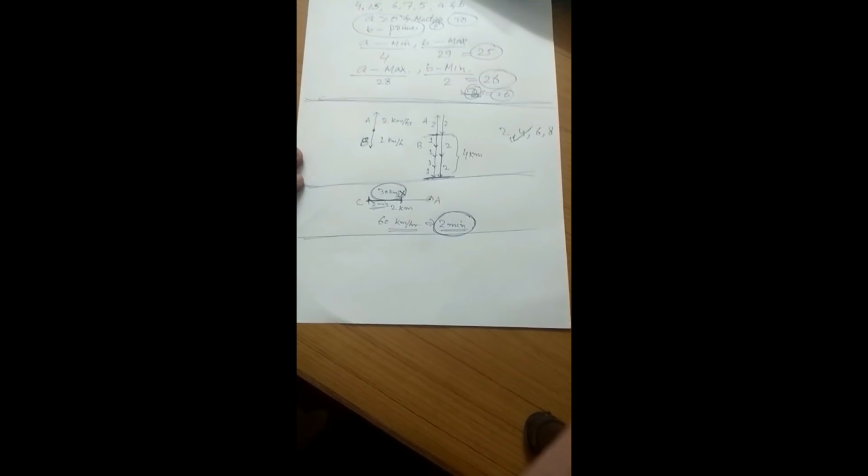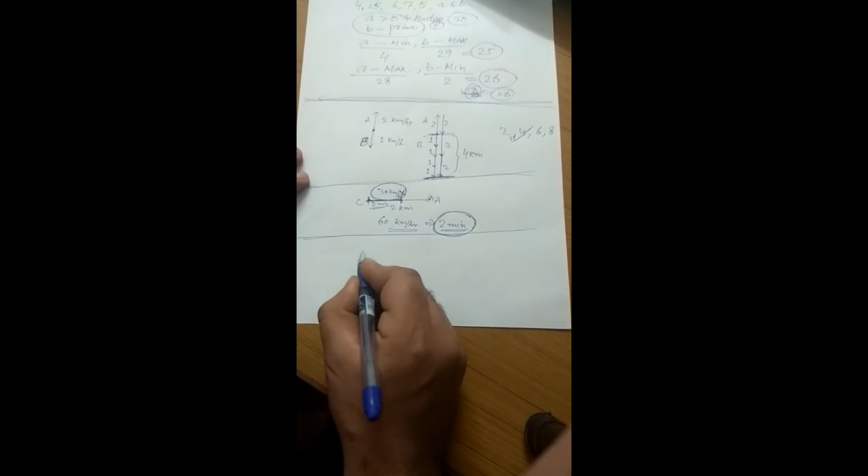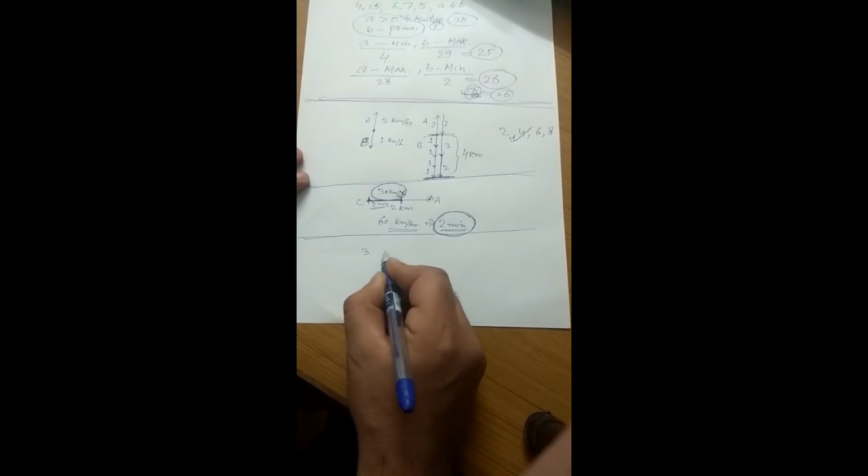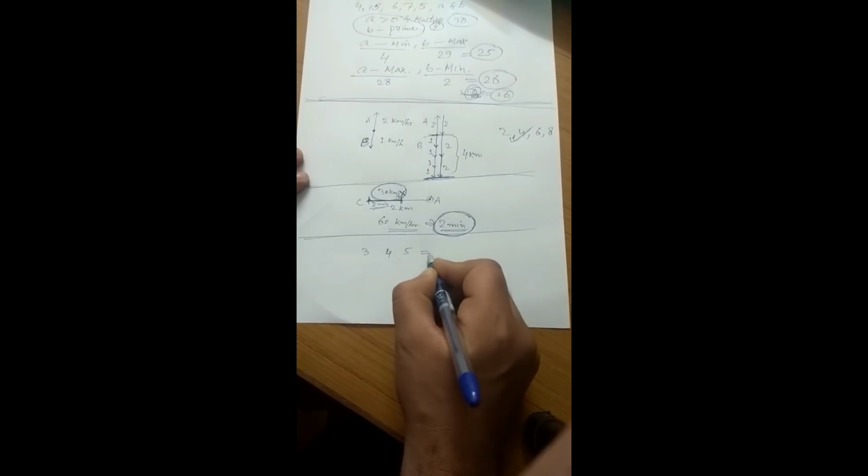Another question that we will answer here is the rainfall problem. In an area, the average rainfall for 2003, 2004 and 2005 is given as 65 centimeter.